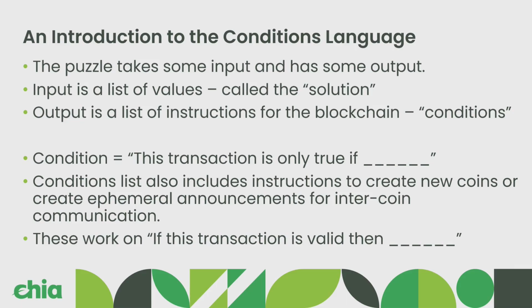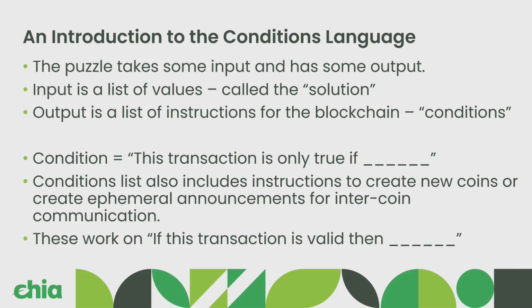So for example, this transaction is only true if this coin is older than 2 months old. This transaction is only true if this coin has an amount of 350. So combined with running inside of the program, because a program can also decide this is not a valid transaction, it allows you to rule out a lot of behaviors.